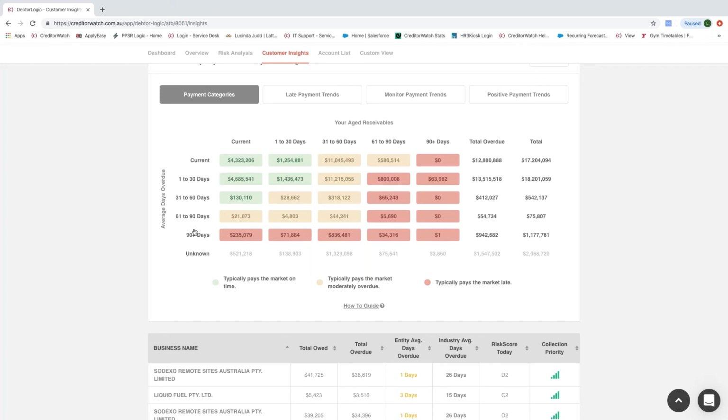They might be prioritising paying you, but they've stopped paying everybody else. And these are customers that, if we dig down a bit further into their credit files and have a look at their payment trends and what's going on there with some adverse, you might find that sooner rather than later they're going to start becoming a bit more delinquent, and you maybe want to put some things in place quite early to mitigate that risk up front.